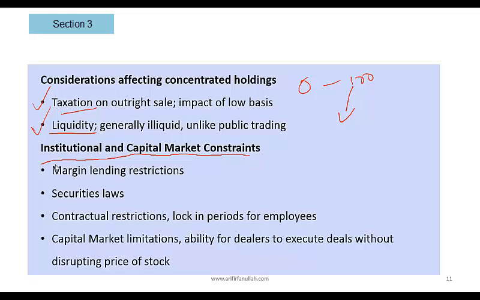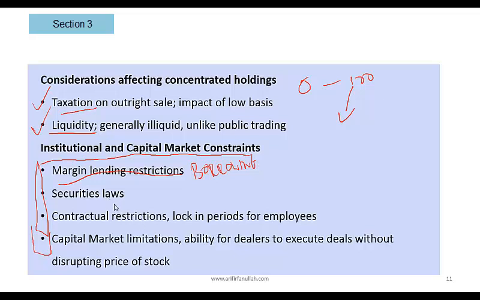The other element is the external element, which is markets related. So a lot of these economies have restrictions on how much you can borrow based on these margin rules. So sometimes you actually can't derive maximum benefit through your portfolio. So I think that is the driving point here.